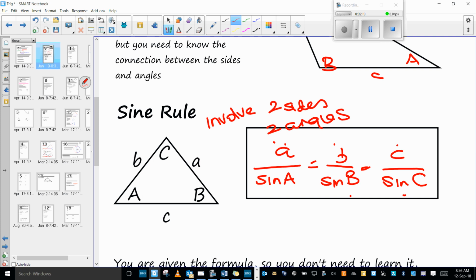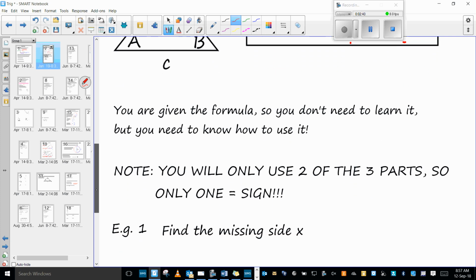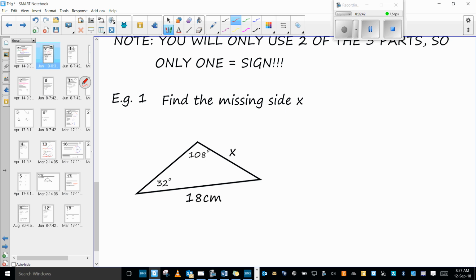So you're going to be given one side and two angles, or two angles and one side, and asked to find the other side or angle. So the sine rule you're going to use when it's two sides, two angles. Let's look at an example. That's why I've said involved, because some people say, well, I haven't been given all of those things.